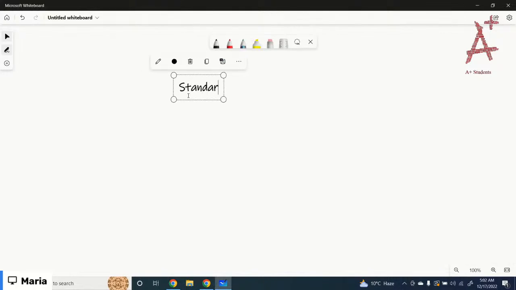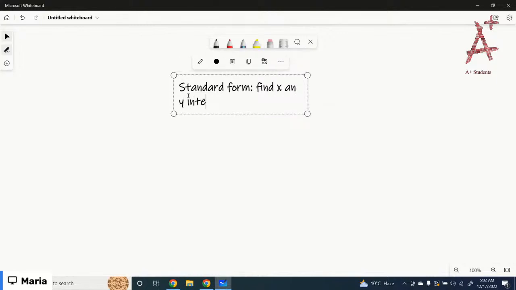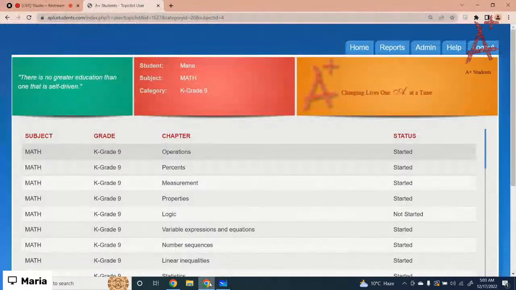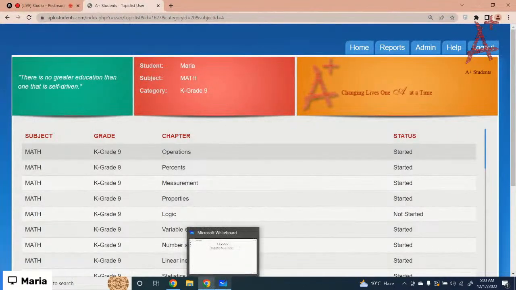Standard form, find x and y intercept. Okay, here I am on grade 9 maths. So the chapter name is linear functions.